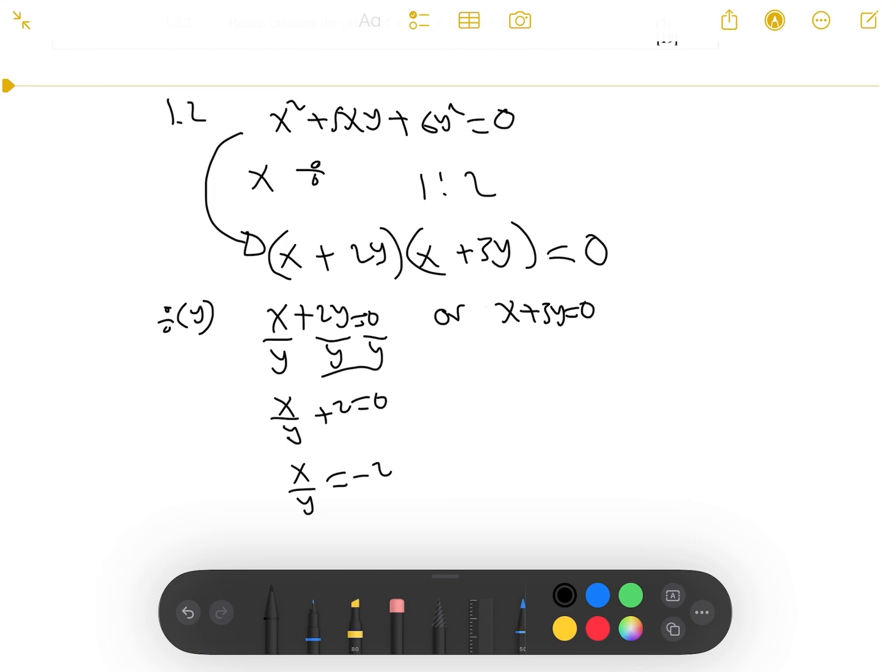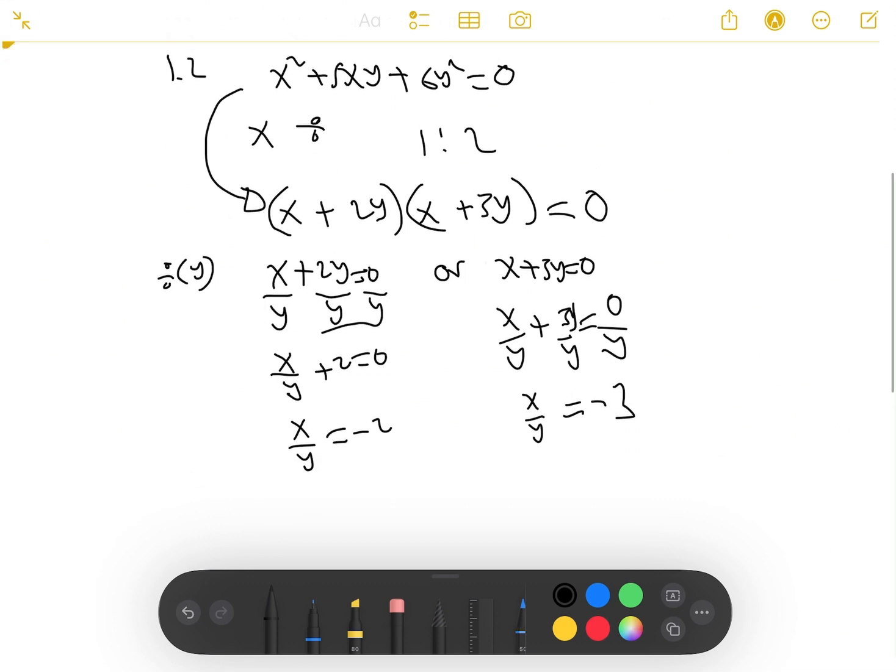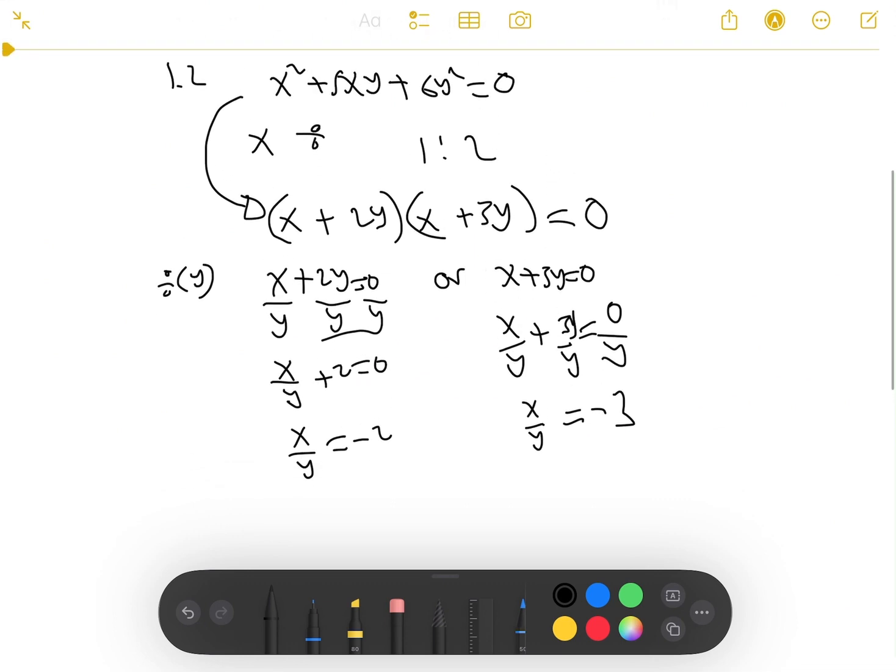You divide by y again, you end up with x over y plus 3 equals to 0. No, this was 3y, sorry. x over y is equal to negative 3, right? So that is x over y.